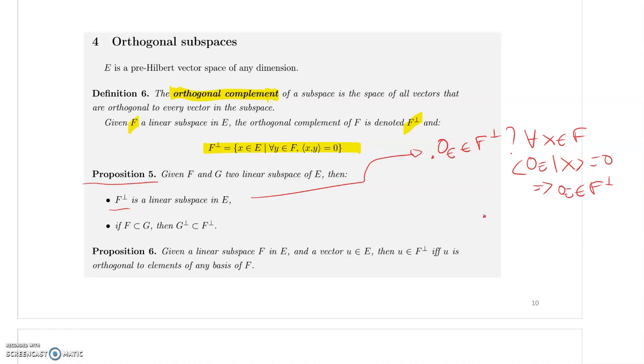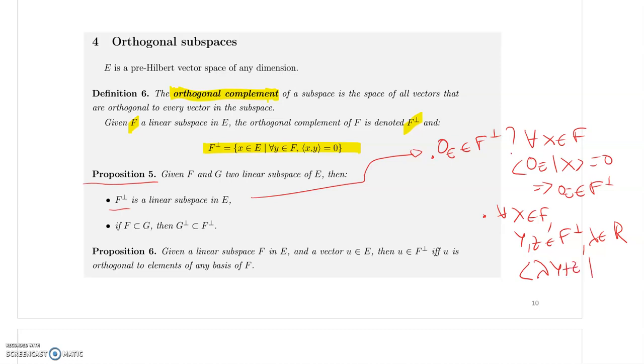Second, we need the linearity property to be satisfied. Do we have that any linear combination of items in F orthogonal is still in F orthogonal? So we need y and z that belong to F orthogonal, and lambda that belongs to R, and we try the linear combination lambda y plus z.